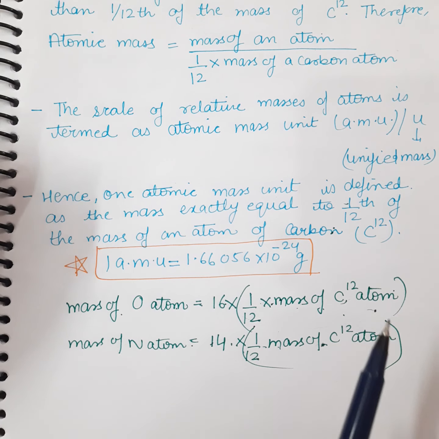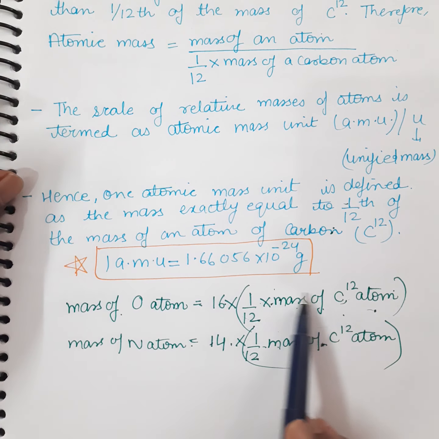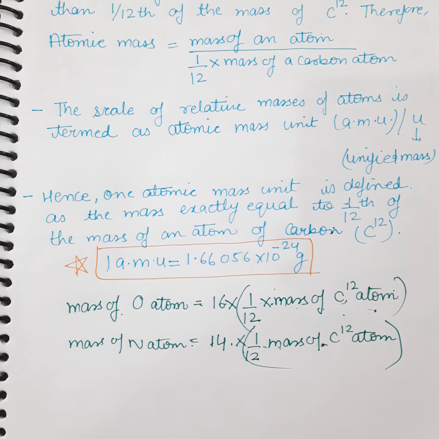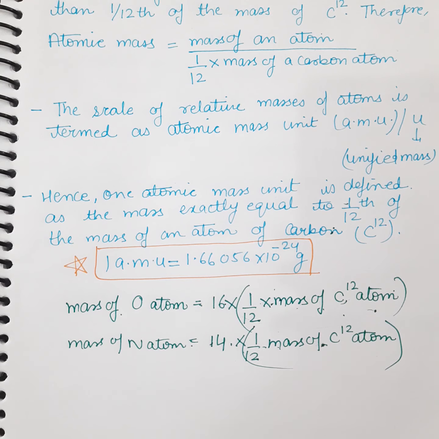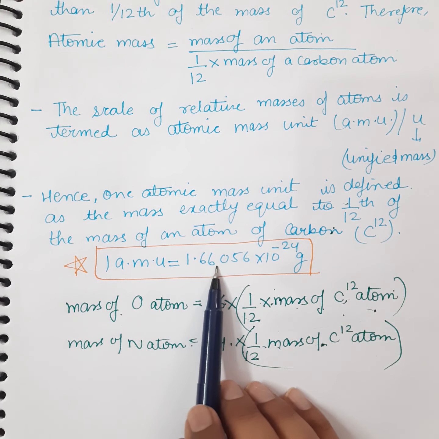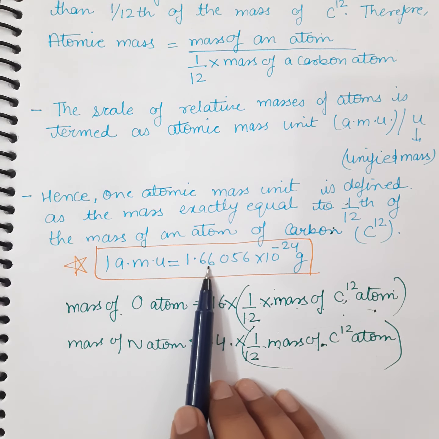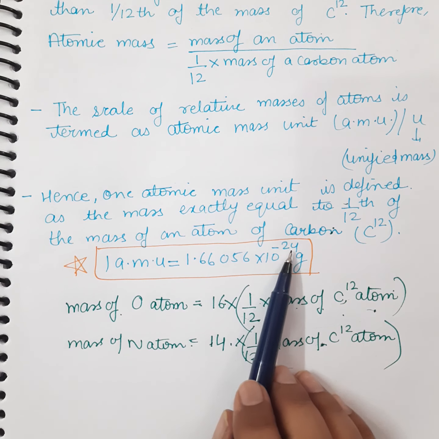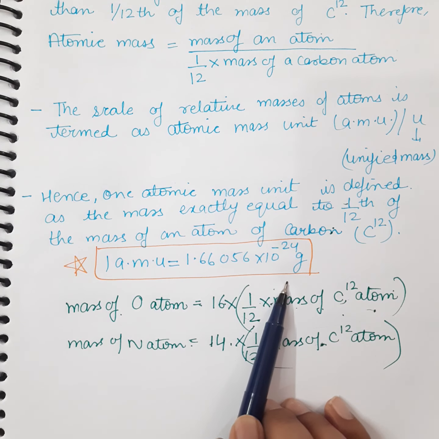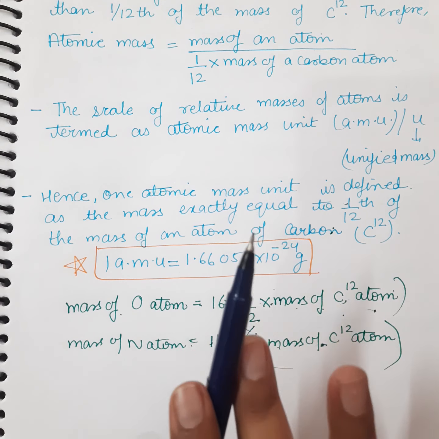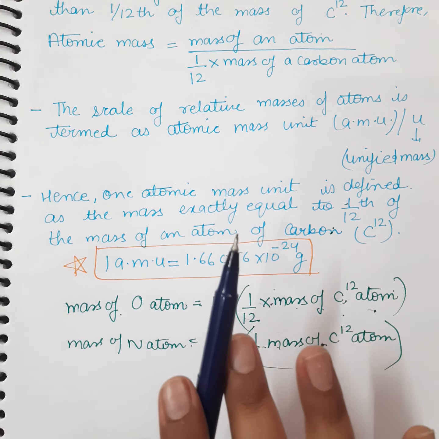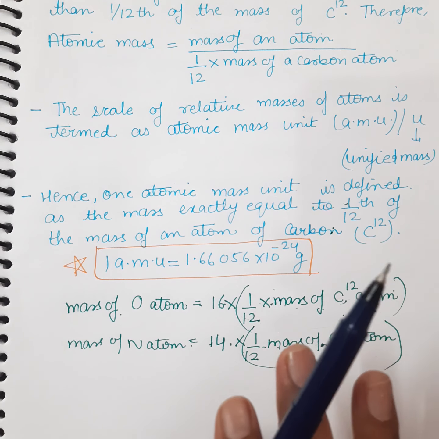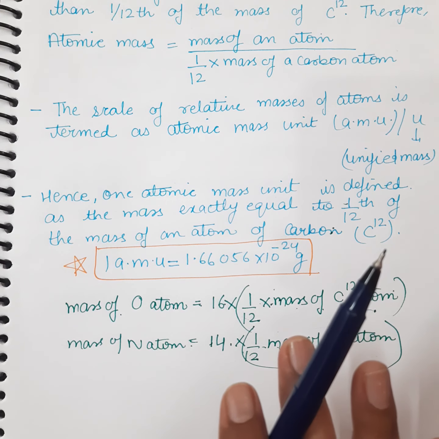This mass can be calculated by a spectrometer. When the C12 atom goes into the spectrometer, 1 AMU is equal to 1.66056 into 10 raised to the power minus 24 grams. So this is known as atomic mass. You can easily calculate the atomic mass of an element, an atom.